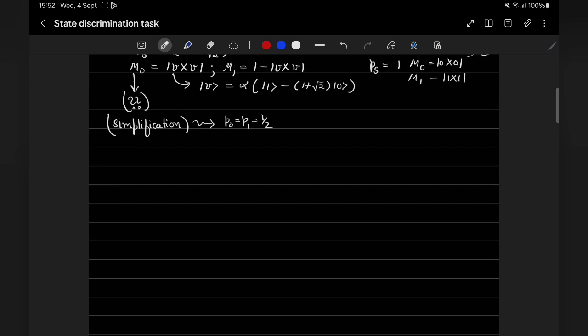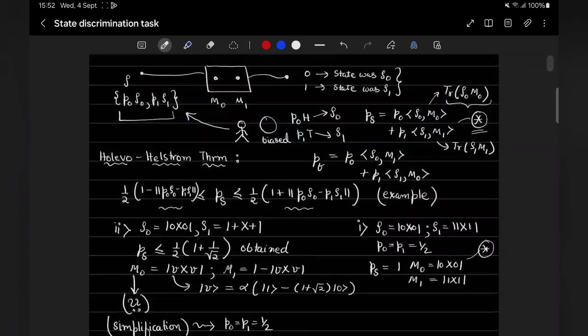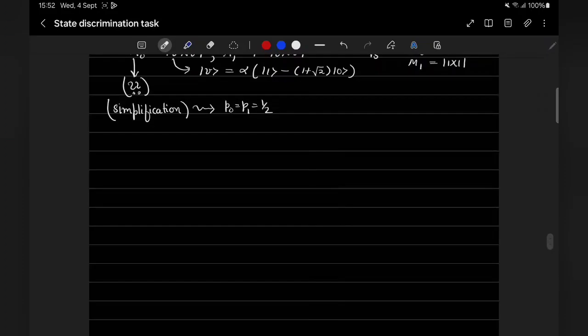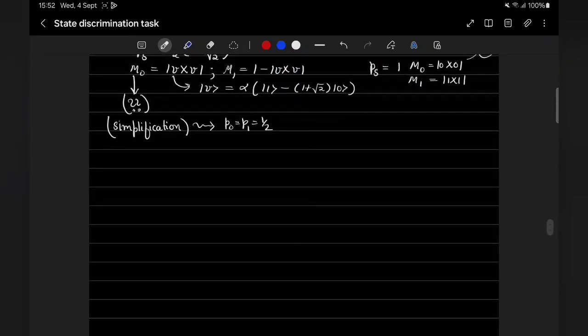So I am flipping an unbiased coin. Here this coin was biased, but now I am flipping an unbiased coin. And if this happens, then we can say that the particular expression simplifies to the trace distance.